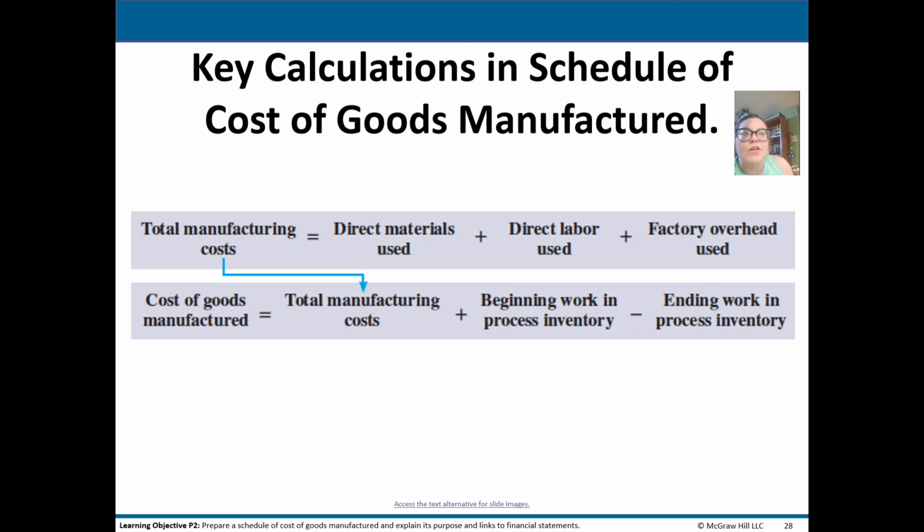And that's because it was $170,500 to produce 1,000 bikes. Become very important, especially when you're trying to do things like a break-even analysis or understanding how many bikes do I have to make in order to reach a certain amount of profit, things like that.